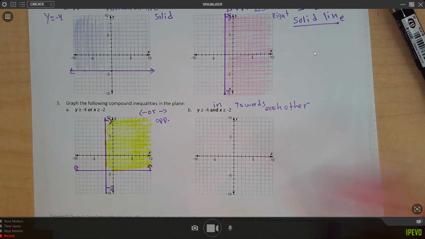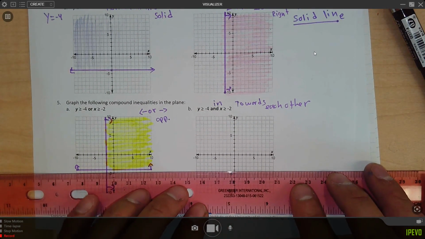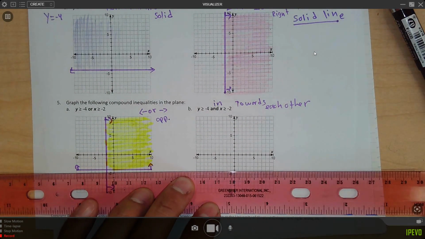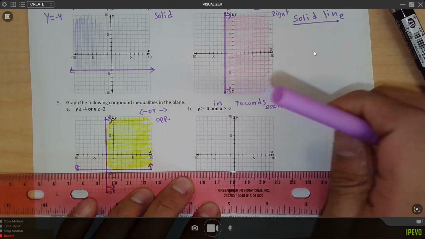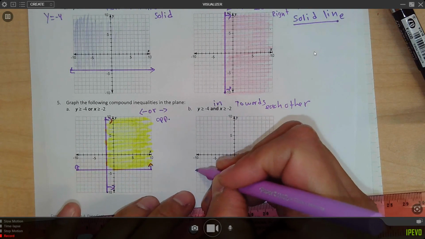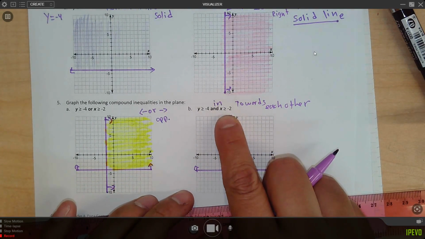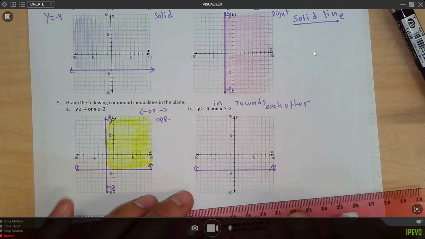Here, I have an inequality. Y is greater than or equal to -4. That is going to be a solid line shaded above. And here I have an inequality, greater than or equal to -2.